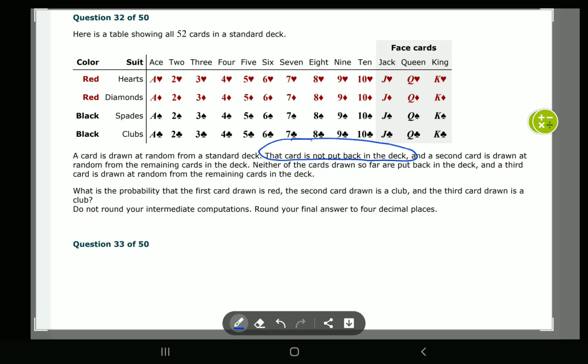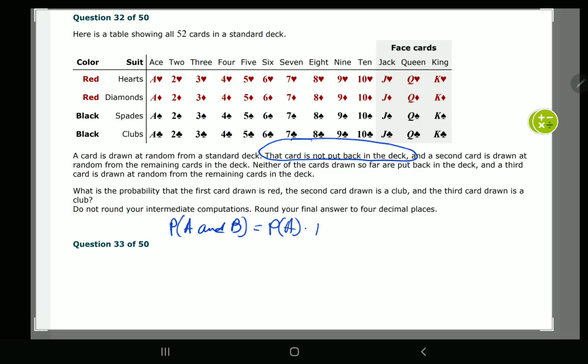So, we're using the multiplication rule number 2 for dependent events, such that the probability of A, which is event 1, and B, which is event 2 happening, equals the probability of A times the probability of B given A already occurred. I can't spell already, can I?